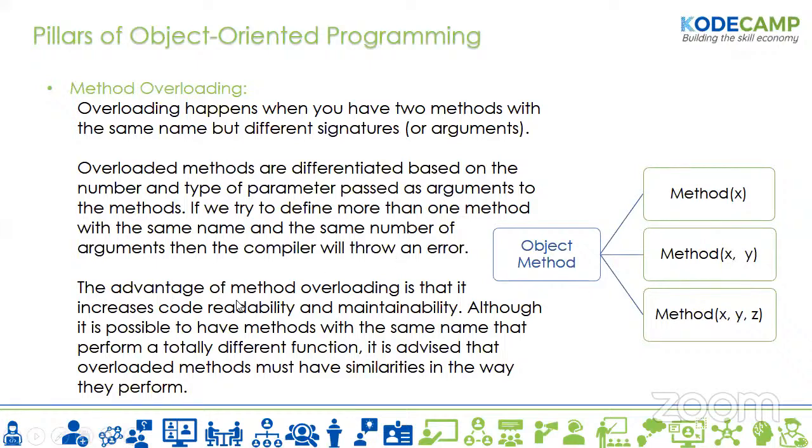The advantage of method overloading is that it increases code readability and maintainability. Although it's possible to have methods with the same name that perform totally different functions, the main takeaway is you want them to have similarities in the concept of what they perform.